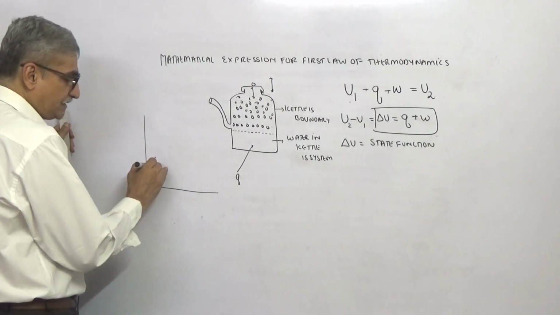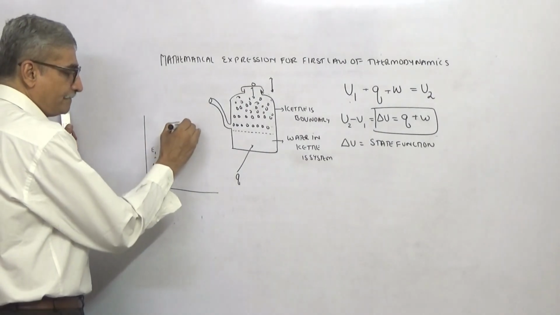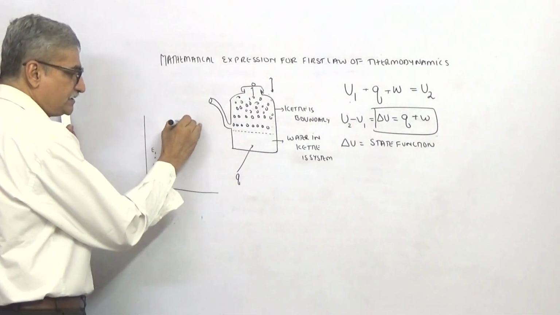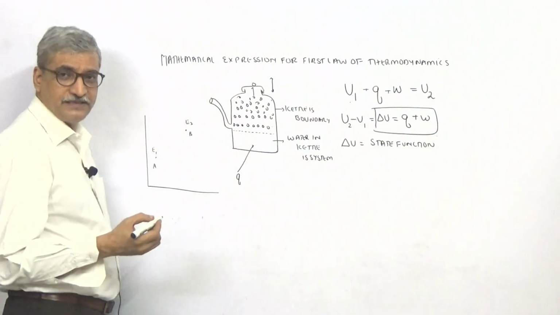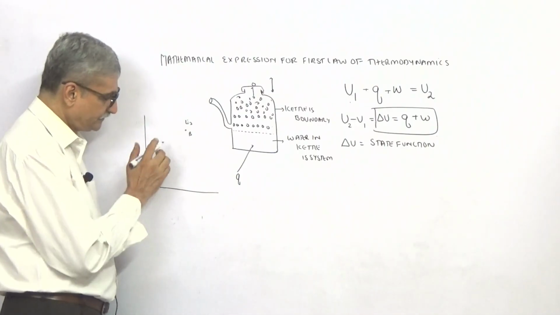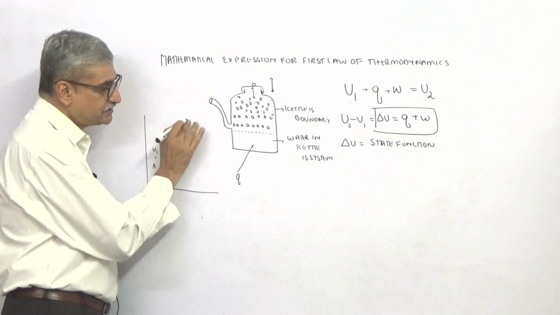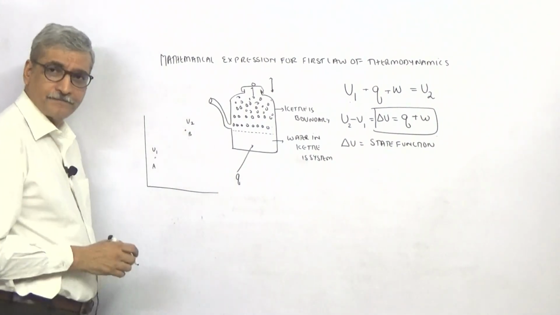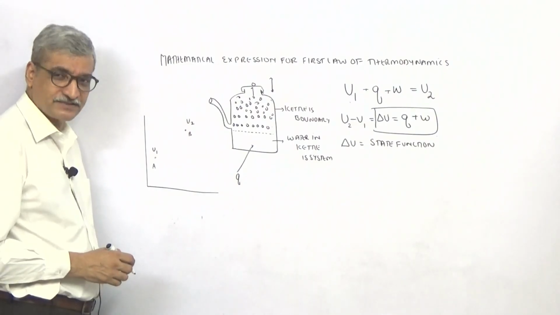I have a system at position A with energy U1, and at position B, energy is U2. This is internal energy.